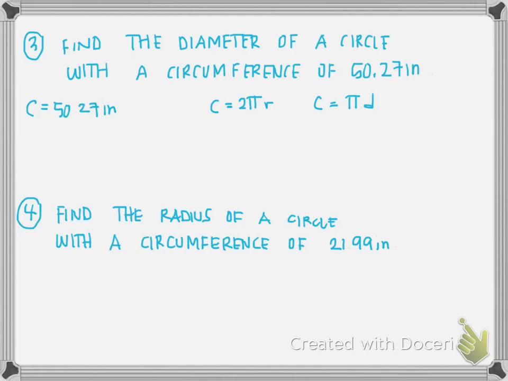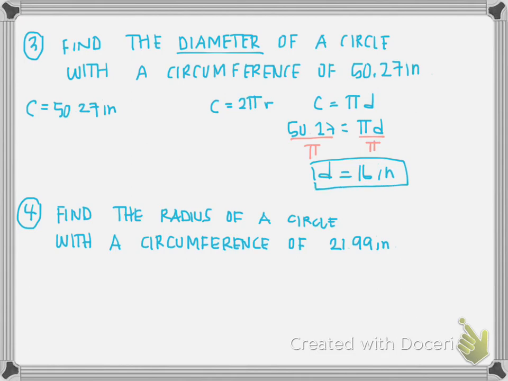Since I'm looking for my diameter, I could say 50.27 is equal to pi times your diameter. Divide both sides by pi. So you're going to say 50.27 divided by pi, which is going to give you roughly a diameter of 16.